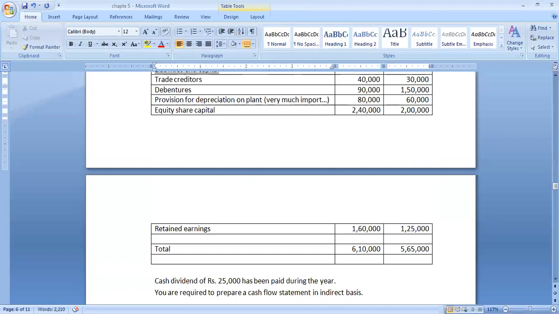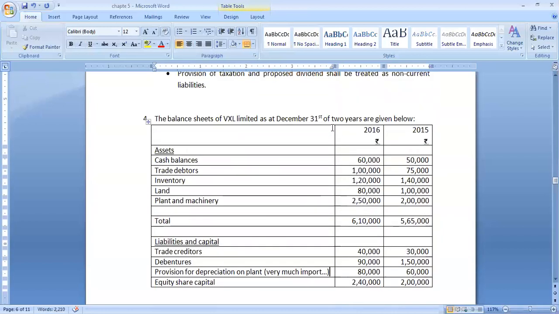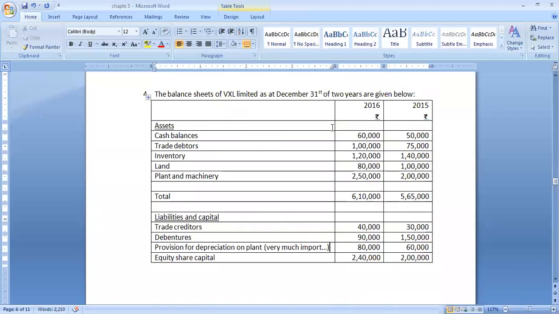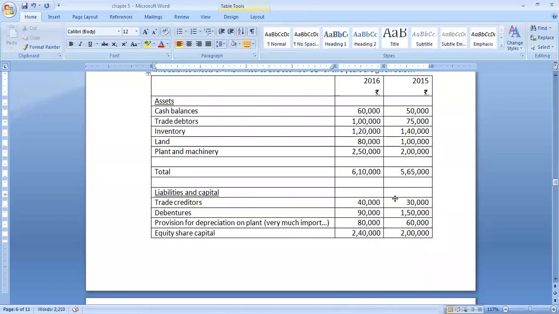Provision for depreciation on plant is given here in the balance sheet. If it is given in the balance sheet, make sure there is any rise or any reduction in the value of the depreciation of the plant. Look at this: 2015, 60,000; 2016, 80,000.